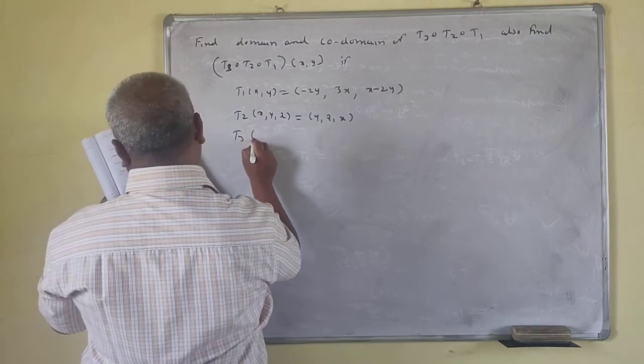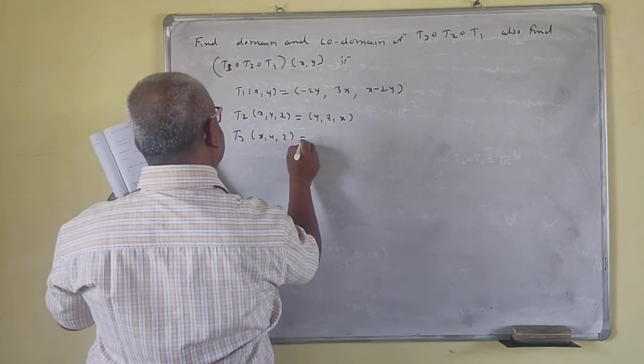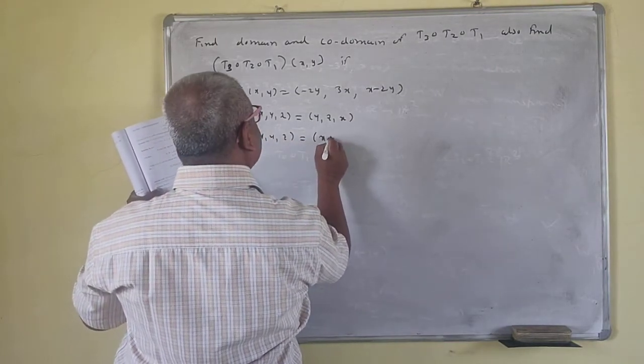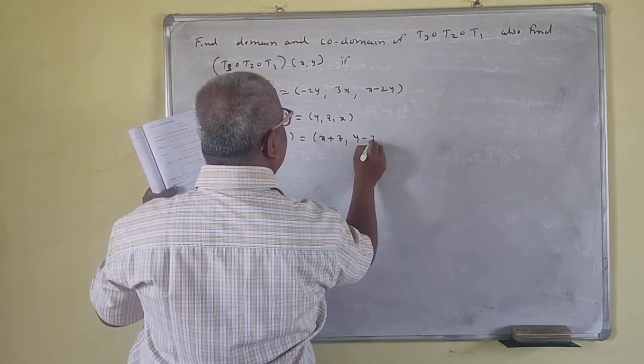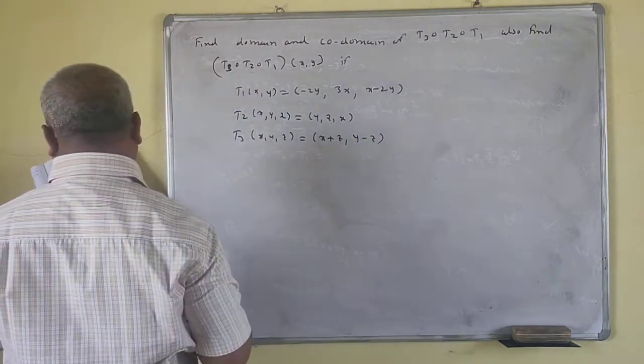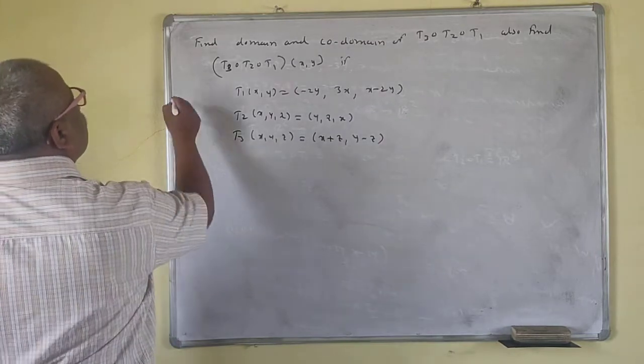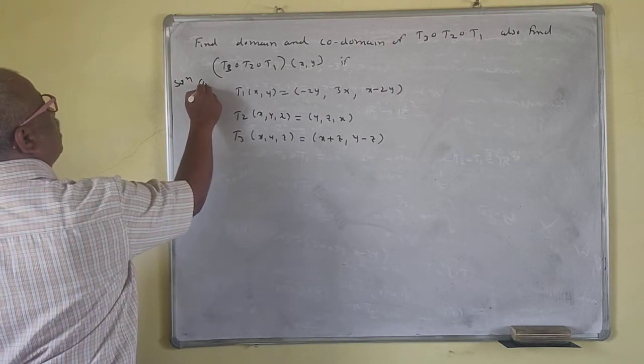T3 of XYZ is equal to X plus Z, Y minus Z.